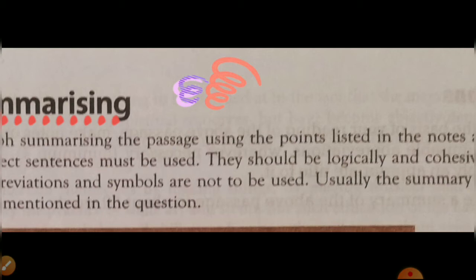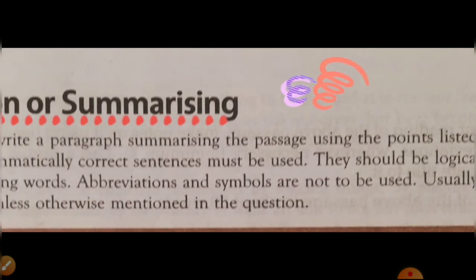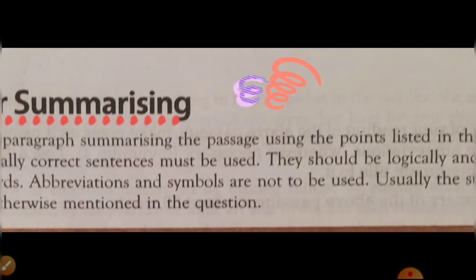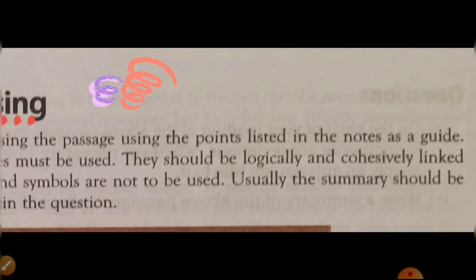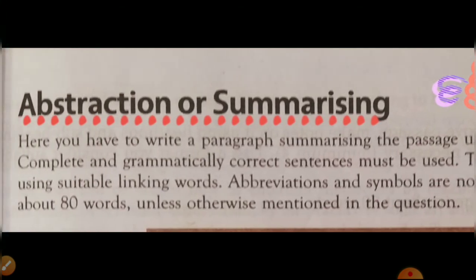So, use the points listed in the notes as a guide. Then, children, complete and grammatically correct sentences must be used. They should be logically and cohesively linked using suitable linking words. As I instructed, we have to use the points written in note making.